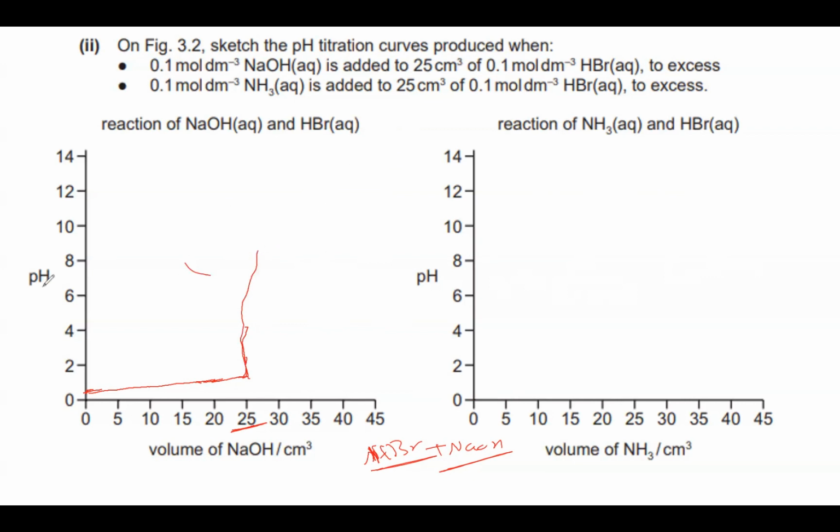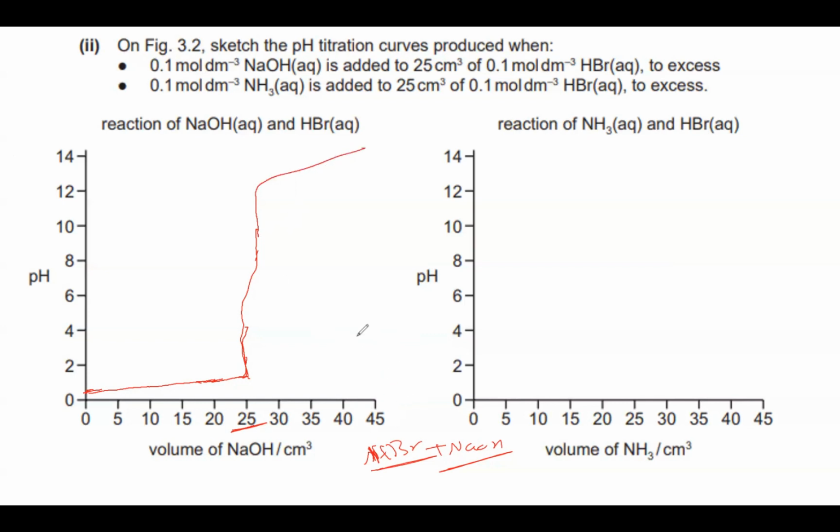NaOH is a strong base, so we expect that the curve jumps to 12 or more, okay? And it will keep going this way. Let me redraw this. Yeah, this is a nice curve.